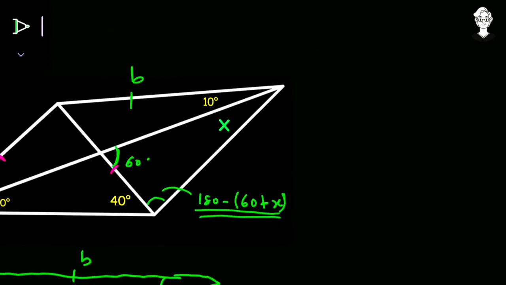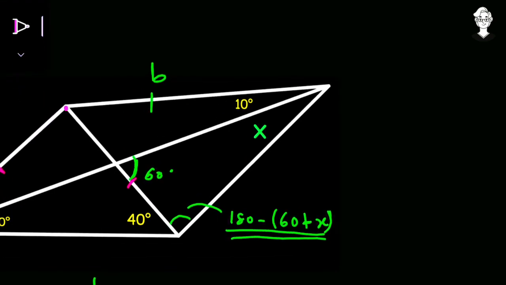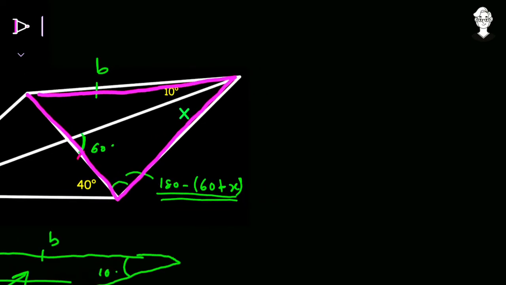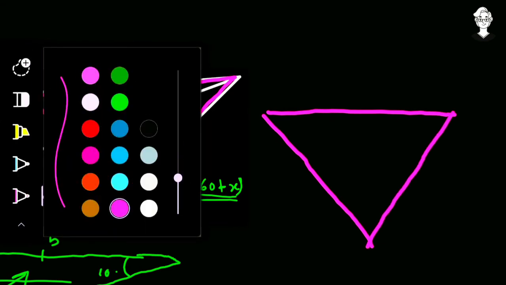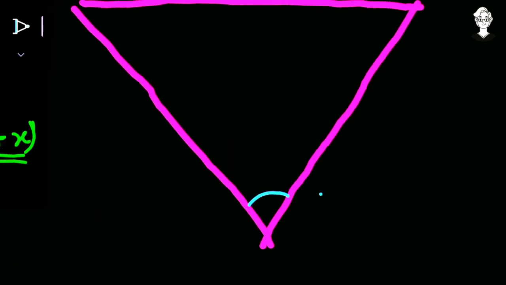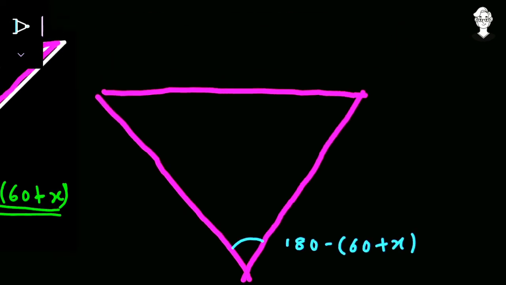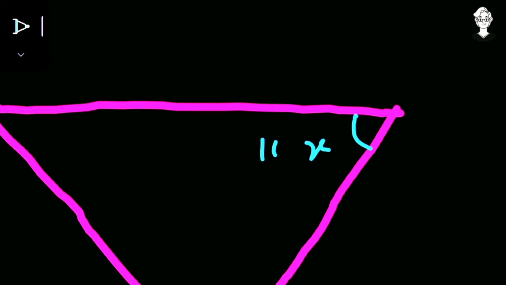Now for the final time we are going to again use the sine rule. In this biggest triangle, let me redraw the triangle over here. Now the angles over there: here the angle is 180 minus (60 plus x). Over the top, this angle is x plus 10, so I will write 10 plus x.